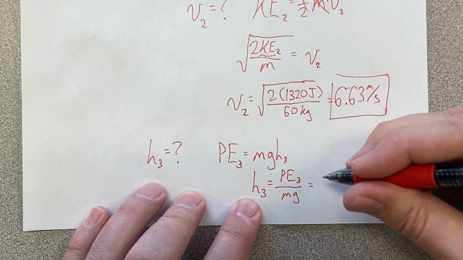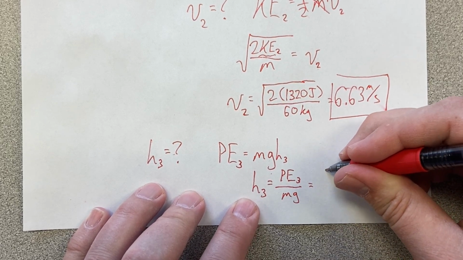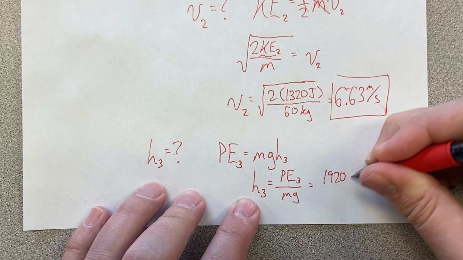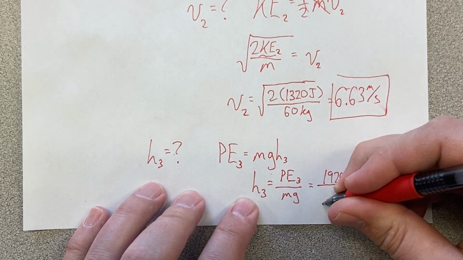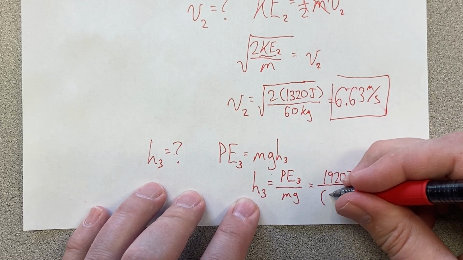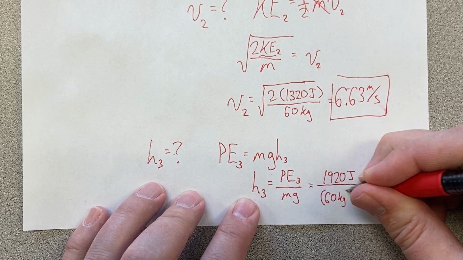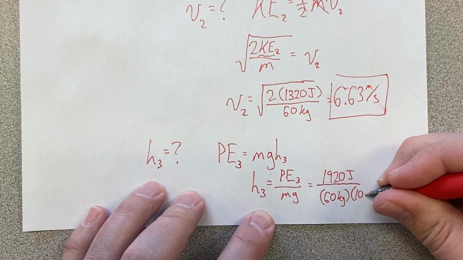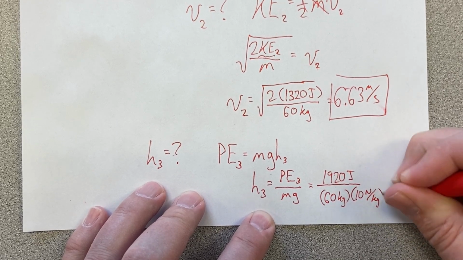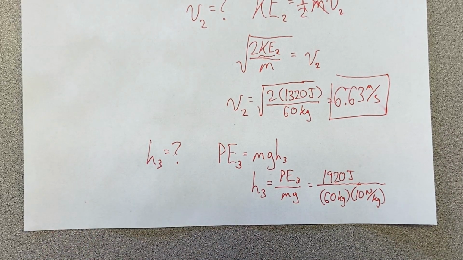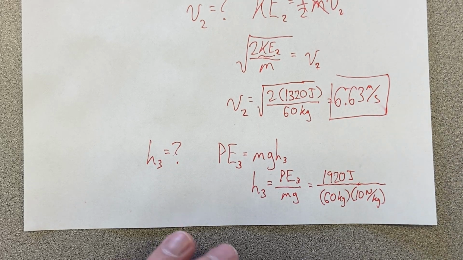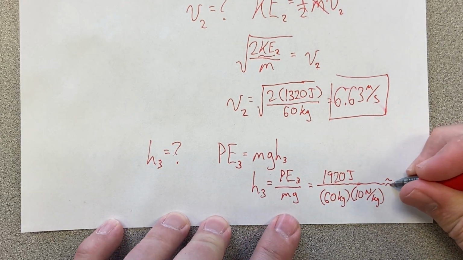Taking the potential energy at position 3, 1,920 joules, divided by the m and the g, so divided by 60 kilograms and divided by about 10 newtons per kilogram. So 1,920 divided by 60 and 10, I get a height of about 3.2 meters.